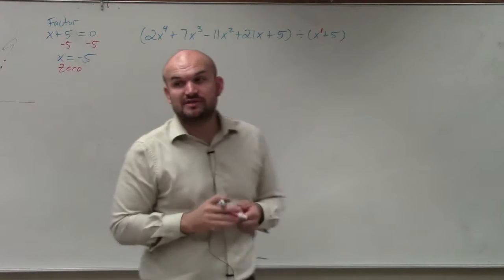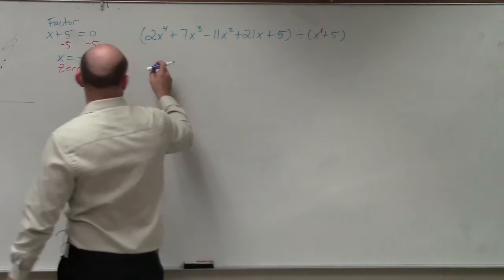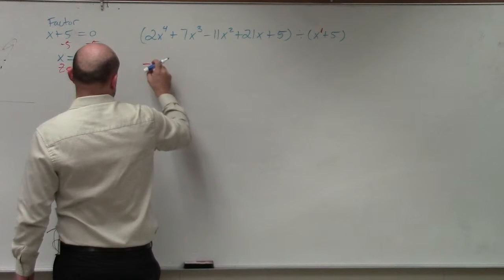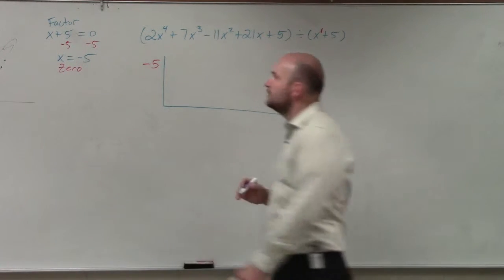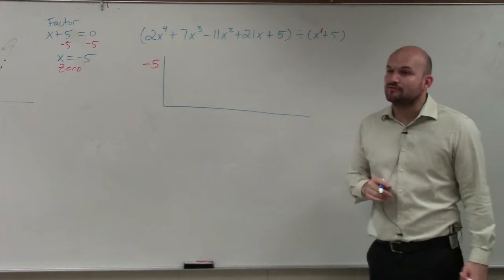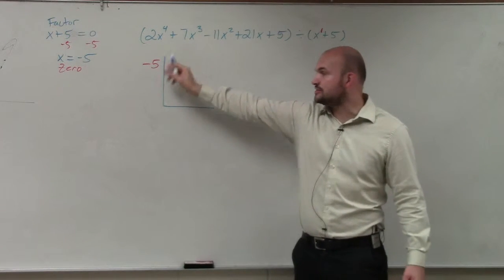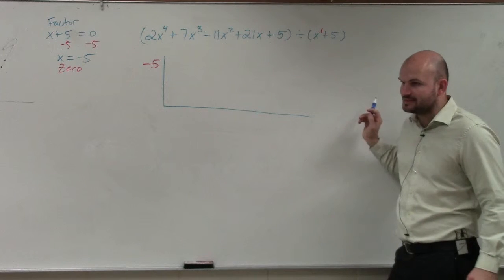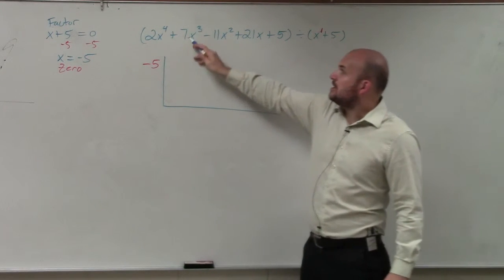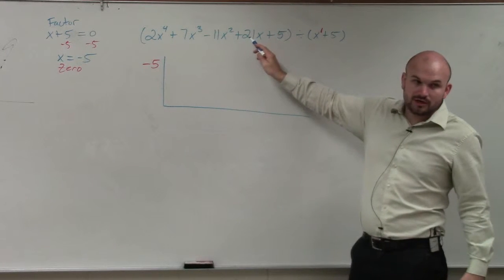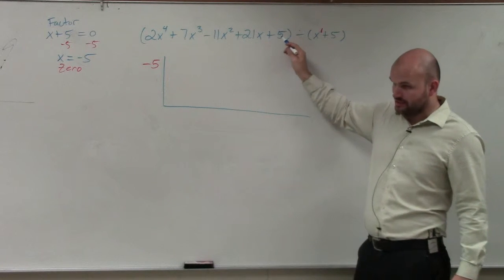So when using synthetic division, that's what you're going to do. You're going to use your 0. So you take the 0, Frank, and you put it on the outside. And then you just kind of draw this nice little box. Then what you do is you take the coefficients of each and every one of your terms, including the constants.